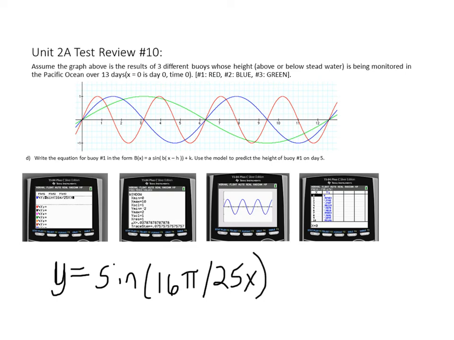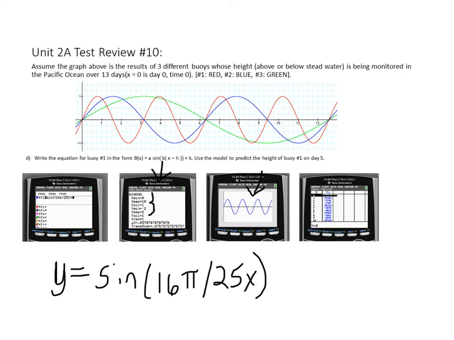Then I went to our window and I did an x max between 0 and 10 and a y min and y max between -2 and 2 so that I could see our full curve. And then I hit graph. You're going to have to pretend this graph is in red as it is above. This would be our graph of buoy number 1. Then I simply went to the table.